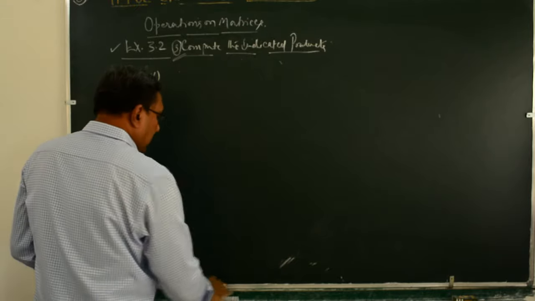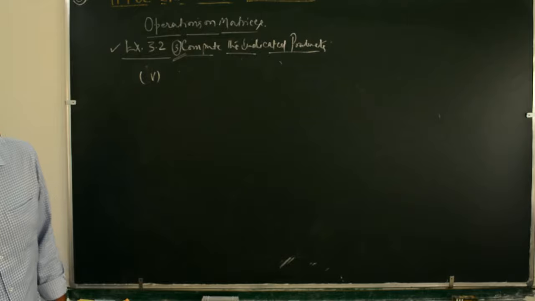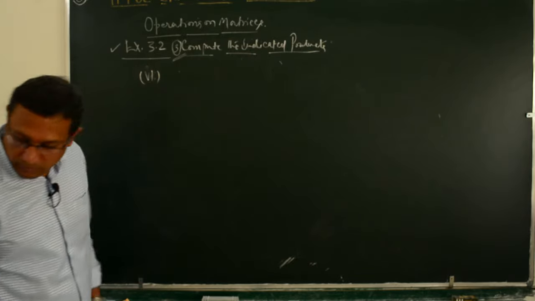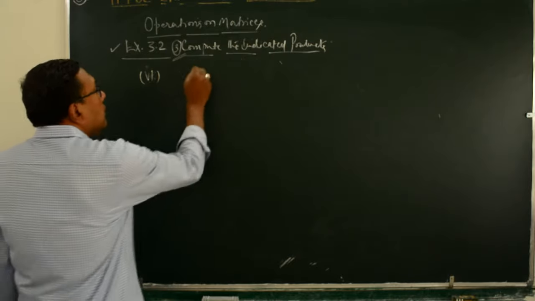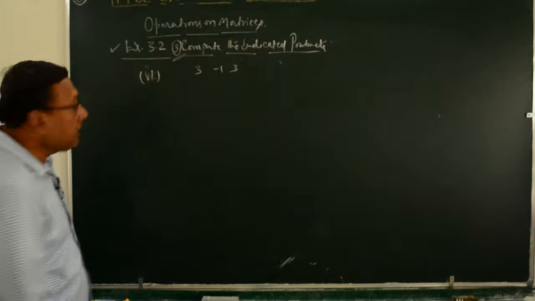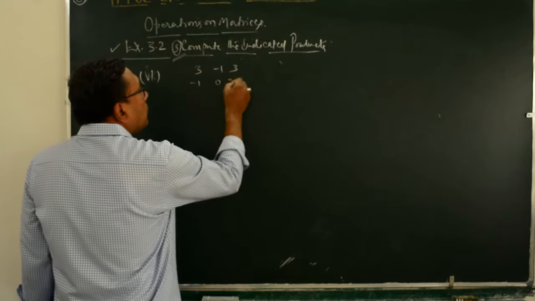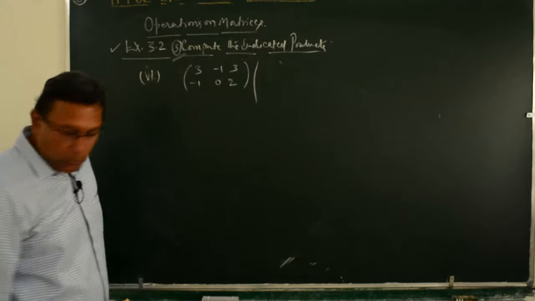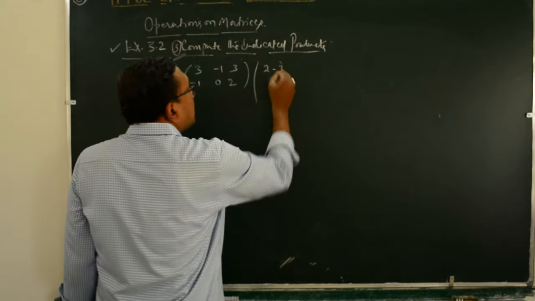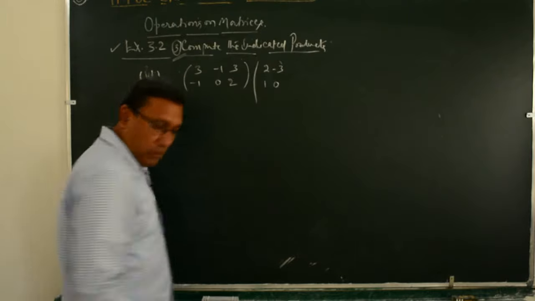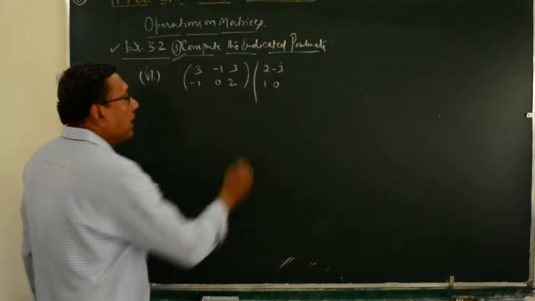Let's go to the sixth question and check what is there. We are given 3, minus 1, 3 and minus 1, 0, 2, which should be multiplied with 2, 3, 2, minus 3, 1, 0, 1, 0 and 3, 1, 3, 1.